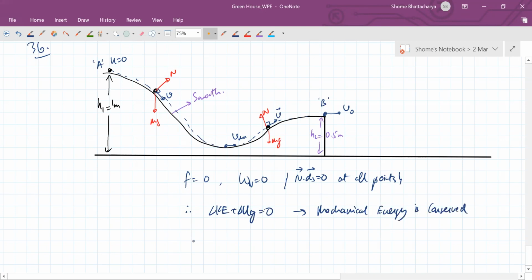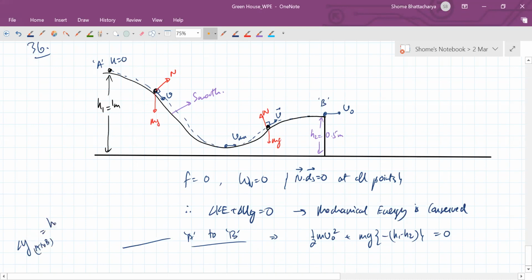Okay. So A to B, when we apply conservation of mechanical energy, we have half m v naught square plus mg into minus of (h1 minus h2), because you can see that the change in vertical coordinate from A to B is h2 minus h1.